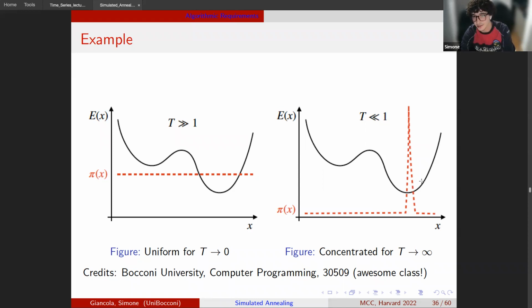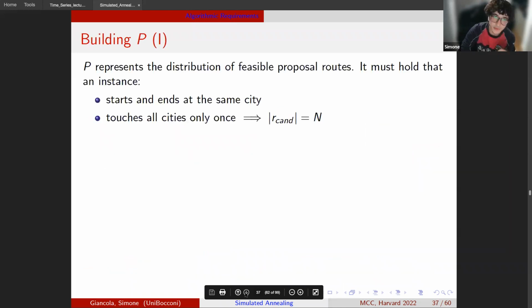This is the energy. This is the distribution assigned given this energy feature to the routes. These two are not really useful for us. So we will need to explore this given a proposal matrix and some additional rules.